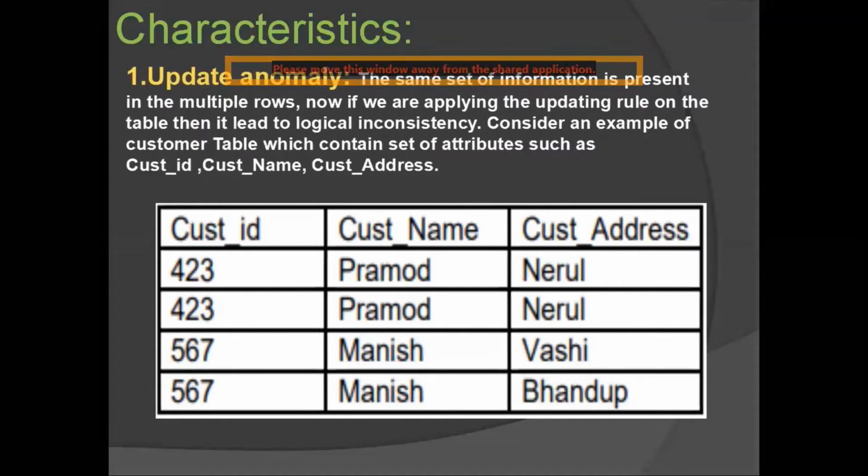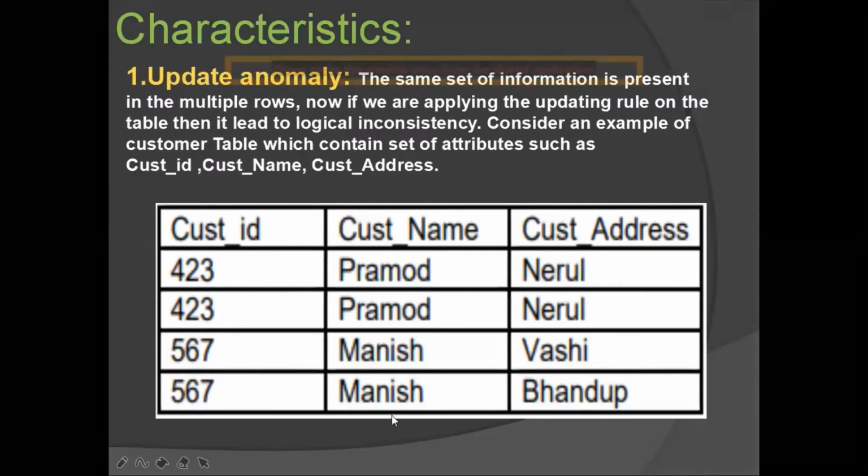Let's take this table as an example. This is a customer table, and there are three attributes here: customer ID, customer name, and customer address, and it has four rows. Now you will see over here that customer ID 423, that's Pramod, is repeated two times, and the customer with ID 567, that's Manish, is also repeated two times.